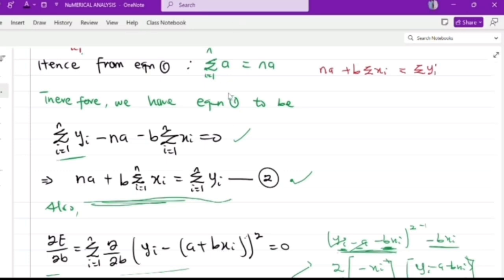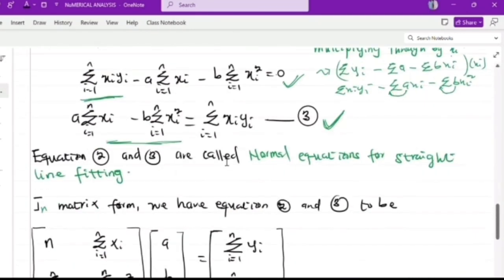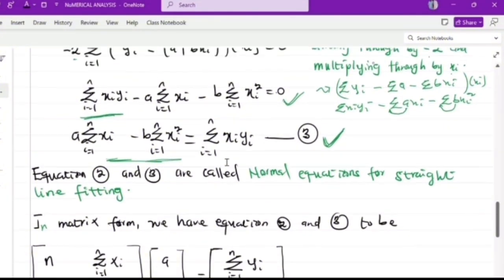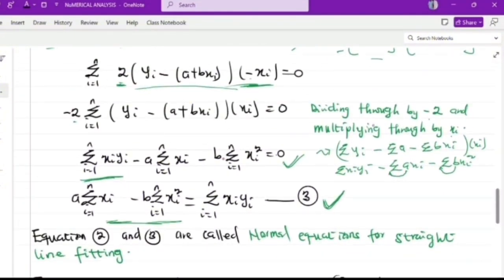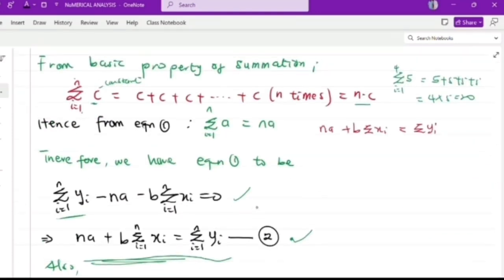And in equation 3 we have A summation of xi plus B summation of xi squared is equal to summation of xi yi. So I can represent this in matrix form.